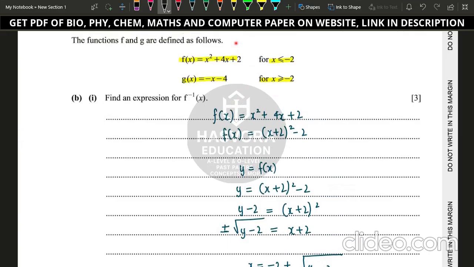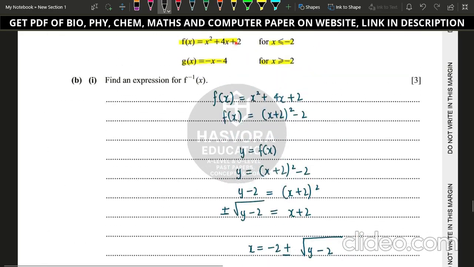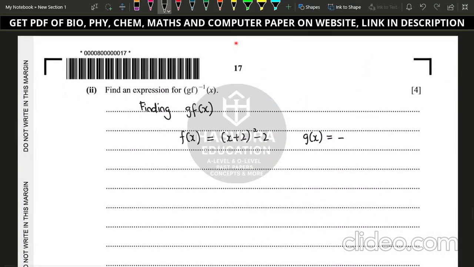So f of x is (x plus 2) whole squared minus 2, and your g of x is minus x minus 4. Now we have to find gf of x. This means that f of x is inside g of x, so it is minus, and then instead of x I will write the f function, so it becomes (x plus 2) whole squared minus 2 and then minus 4.